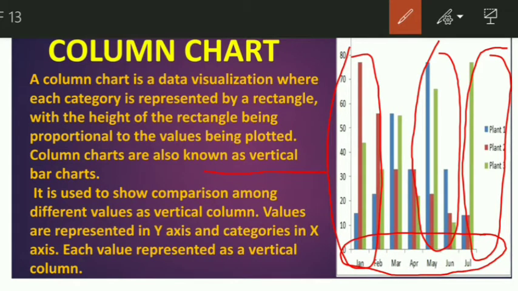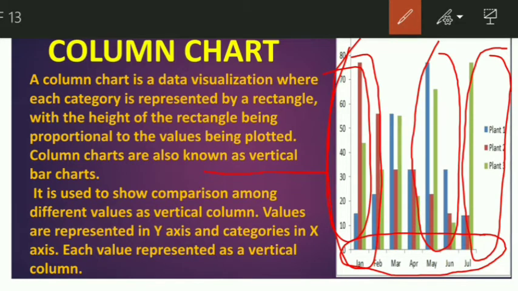It is used to show comparison among different values as vertical columns. The values are represented on the y-axis and the categories on the x-axis, just the opposite of the bar chart. Each value is represented as a vertical column.